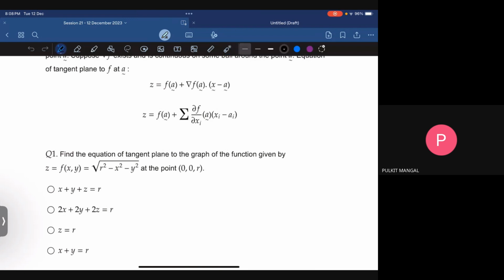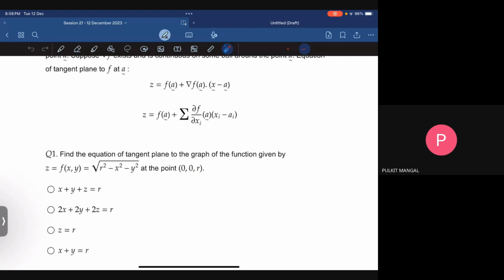We are given the function f of x comma y as the square root of r square minus x square minus y square. Now we need to find the tangent at this point.